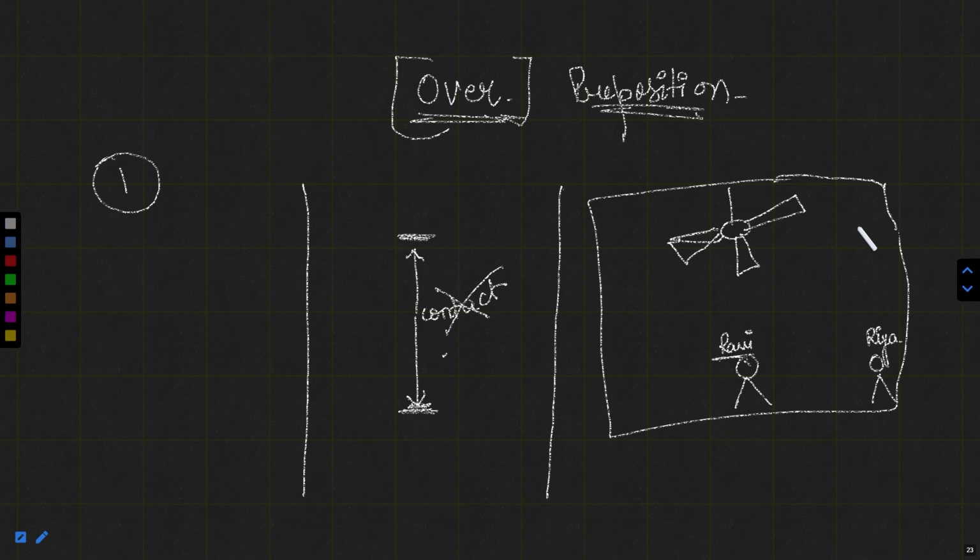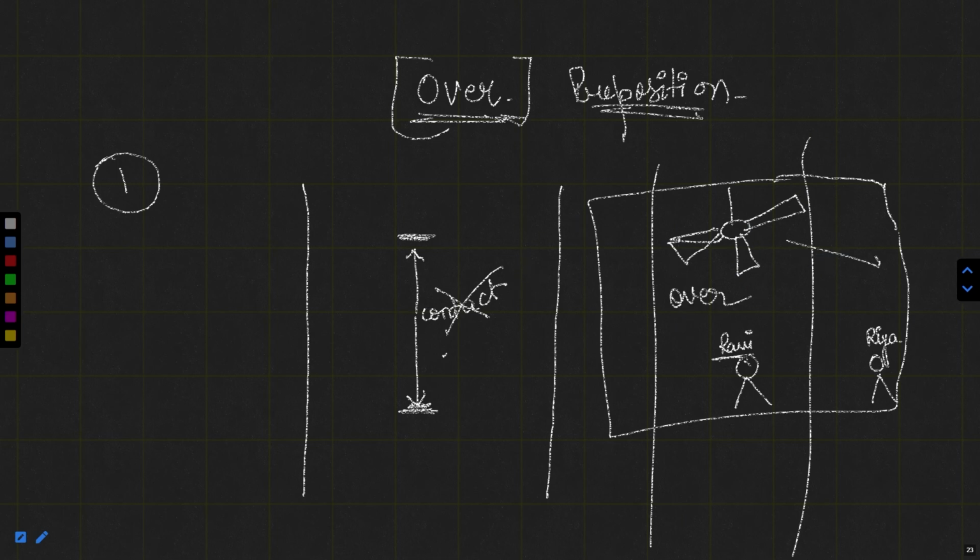But we cannot say the fan is over Ria, because Ria and the fan are not vertically arranged, whereas the fan and Ravi are vertically arranged. So for this we can use over, but for this structure we cannot use over. So the first thing is that they should not be in contact with each other. Second thing, they should be vertically arranged.